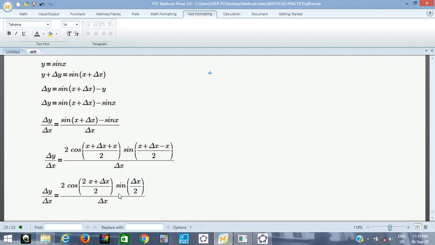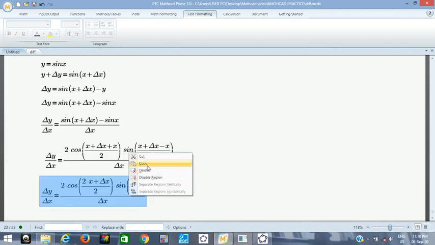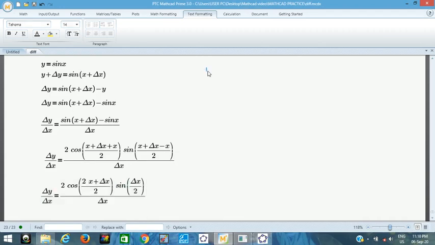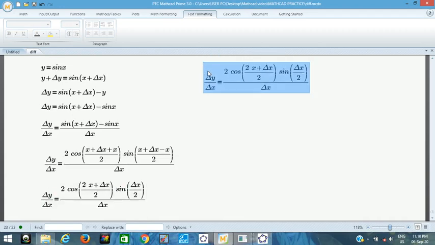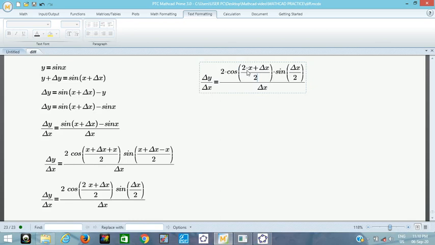Then let's come to this place. Let me also copy this. So if we come to the next step, you can see that 2 can go into 2. So in the next step, I'm going to get x standing on its own.